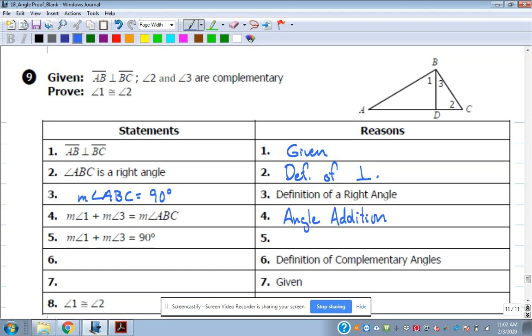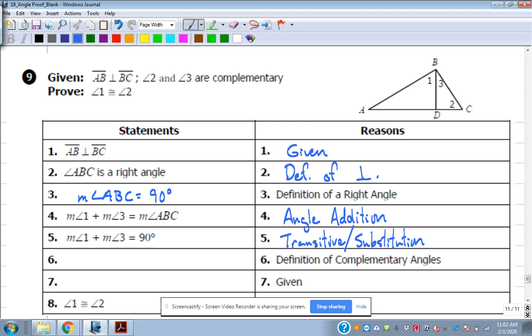And then measure of angle 1 plus the measure of angle 3 is equal to 90 degrees. Substitution, or I would take transitive on that, either or. One or the other, I don't care which on that one.